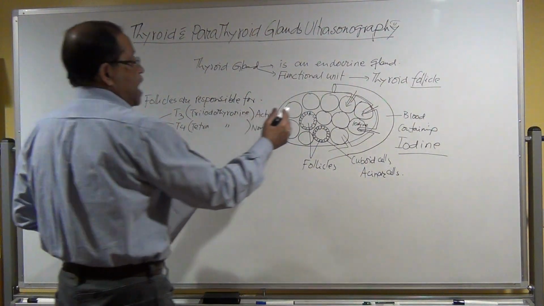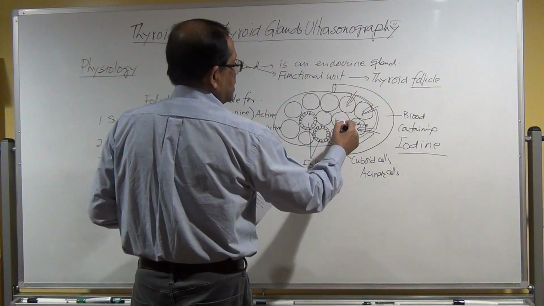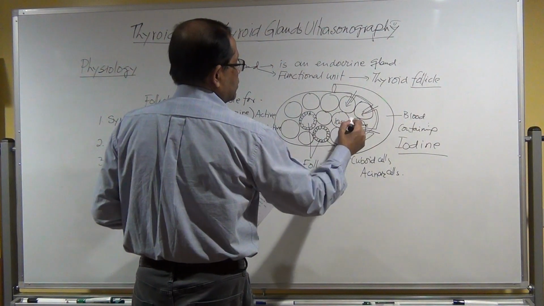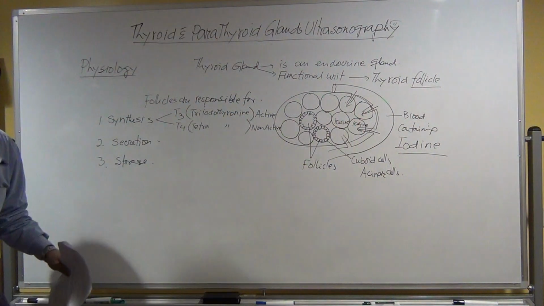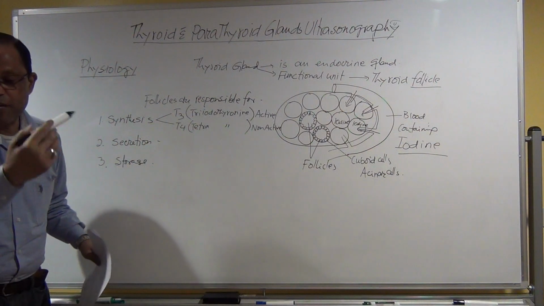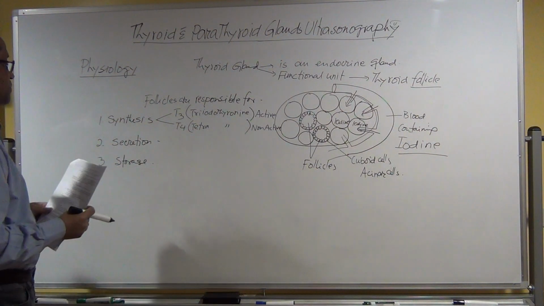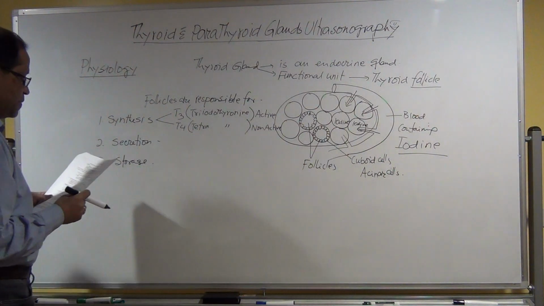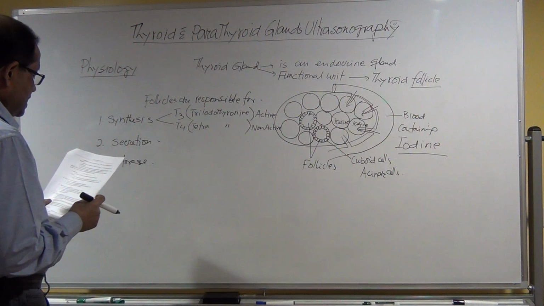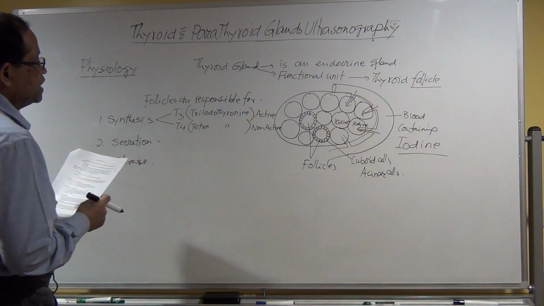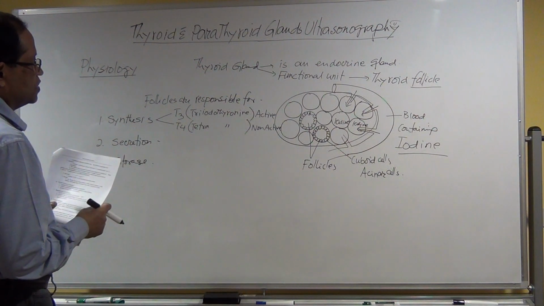When the iodine is taken into the follicle, there is a series of chemical chain of reactions. Series. And ultimately, the T3 and T4 is produced.